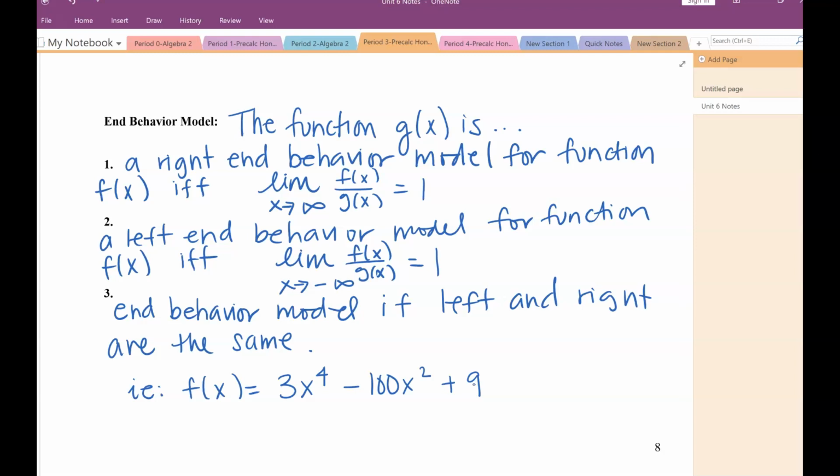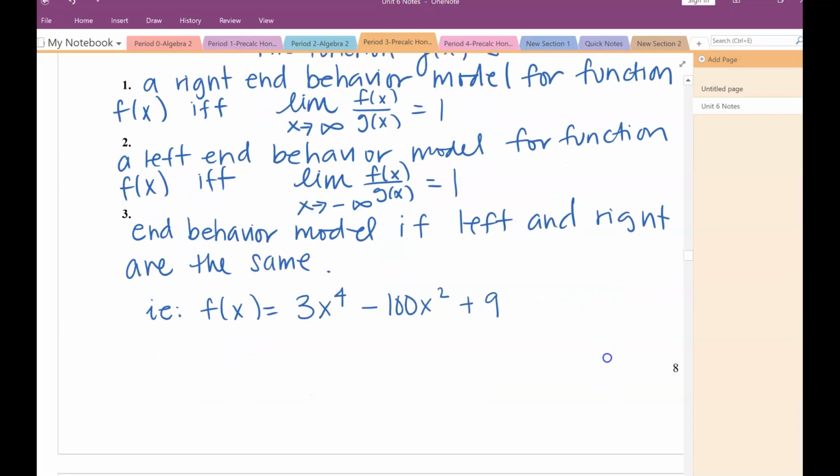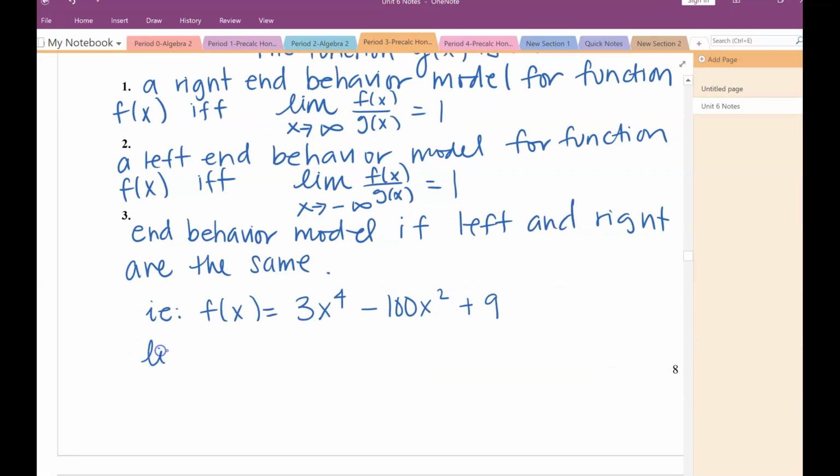Where would you think y is? Yeah, straight up, right? Really, really steep. So what it's saying is that, okay, well, when I take the limit as x approaches something super big, I have f of x, which is given, made up, divided by g of x. I want something to be super, super close to 1.